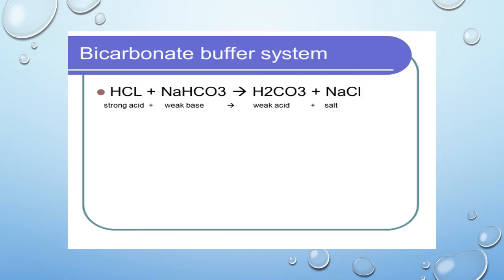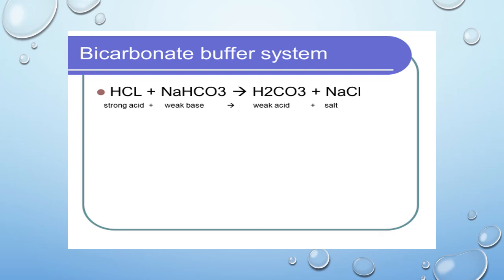The only one I really want you to focus on for the most part is going to be the bicarbonate buffer system. That's where you take a strong acid, you mix it with a weak base, and what do you get? You get a weak acid that your body can handle and salt which your body can break down. That's buffering it.